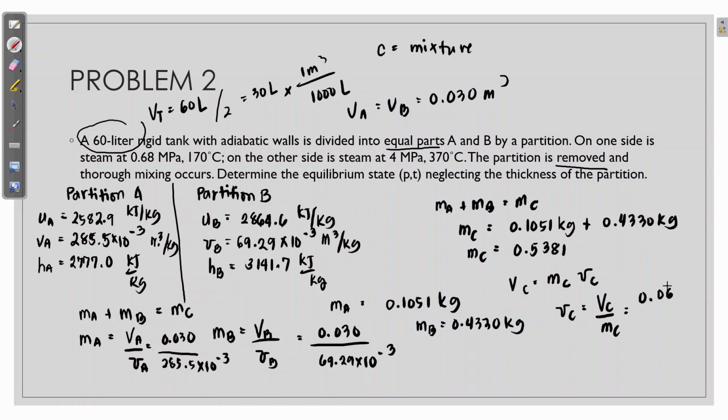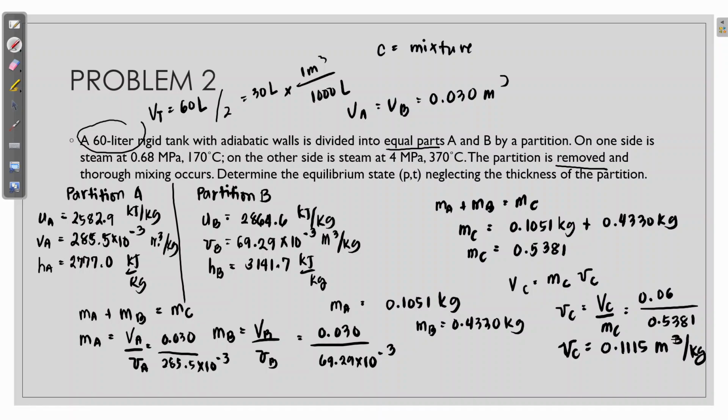Okay? 0.06 divided by MC natin na 0.5381. Okay? So, that is equivalent to 0.1115. Specific volume pala to. Meter cube per kilogram.